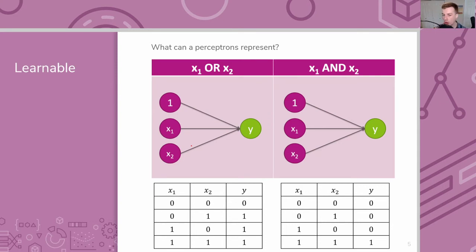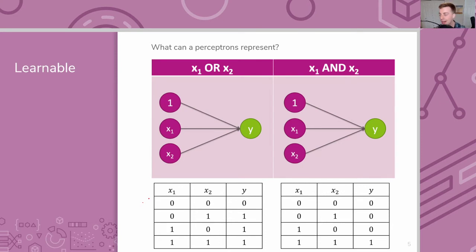So let me give you a concrete example. Suppose you want to represent the relationship x1 OR x2, where x1 and x2 are your inputs. Sometimes when we think about Boolean formulas, we think about truth tables. So for all combinations of x1 and x2, either being 0 or 1, what should the output be?